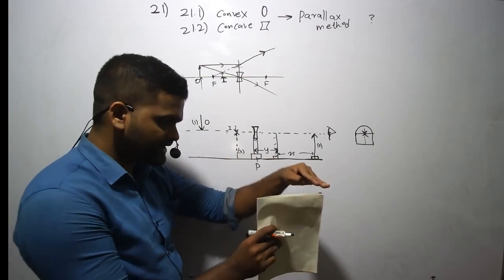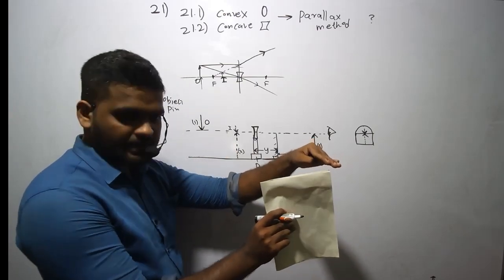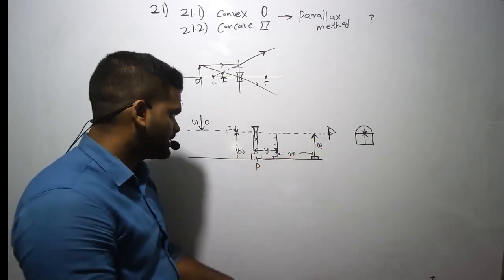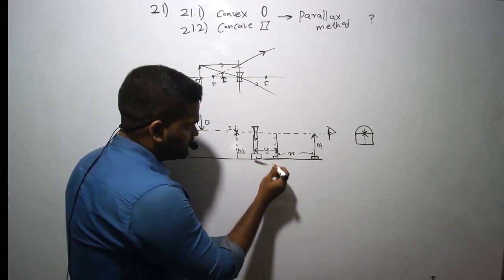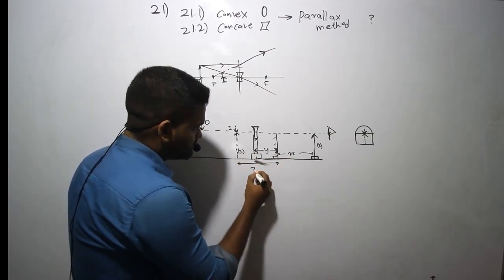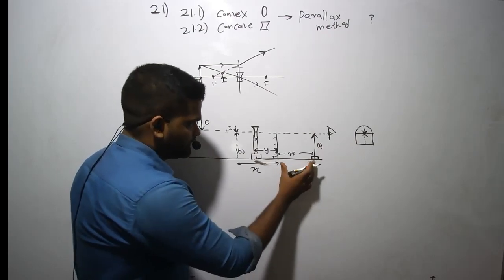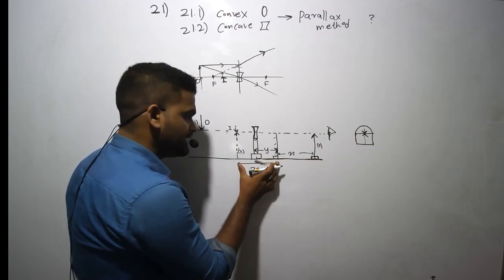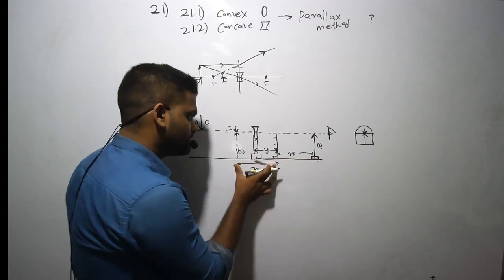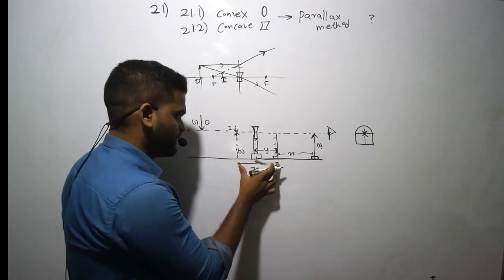So you are coinciding those two images using the parallax method, right? So you can understand that this distance also is x, right? From the mirror, the image is formed at an equal distance. So if this is x, this also is x, right?